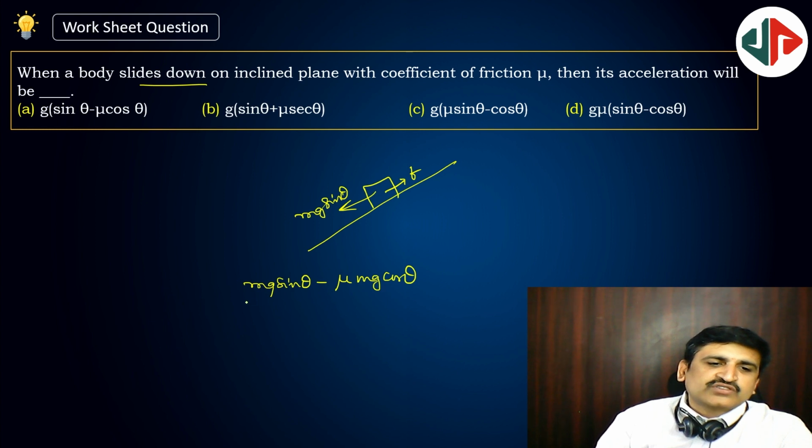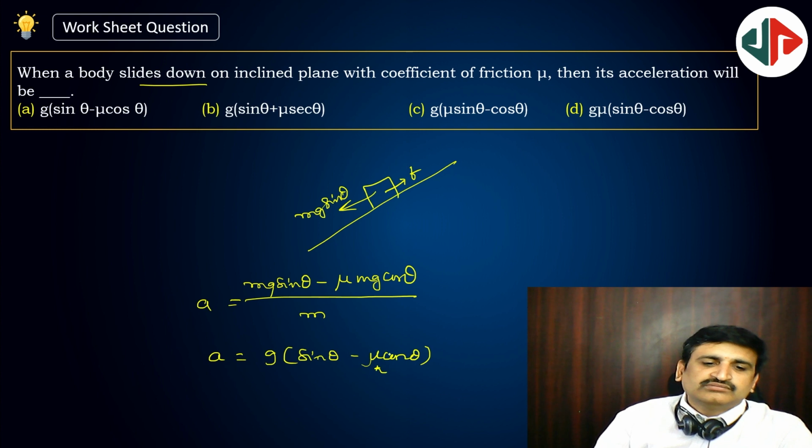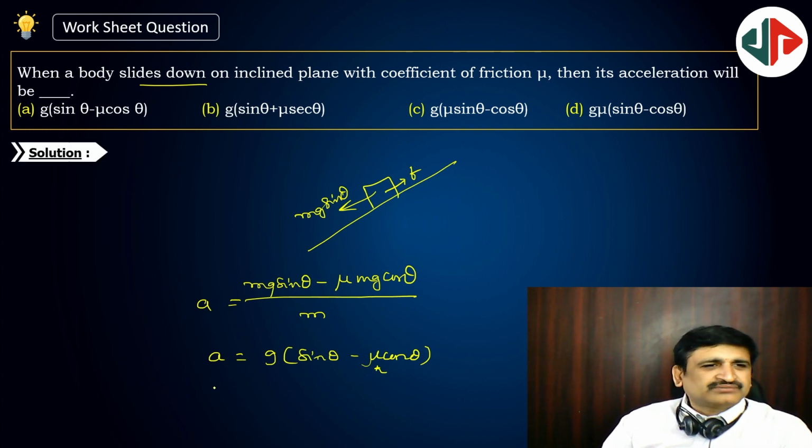This is the net force. Net force by mass will give you acceleration a. So a is equal to g into (sin theta minus mu cos theta). Kinetic friction.